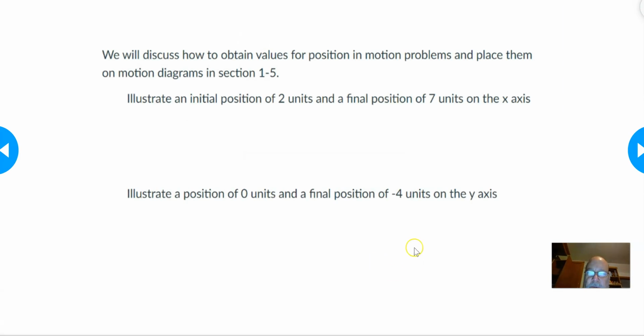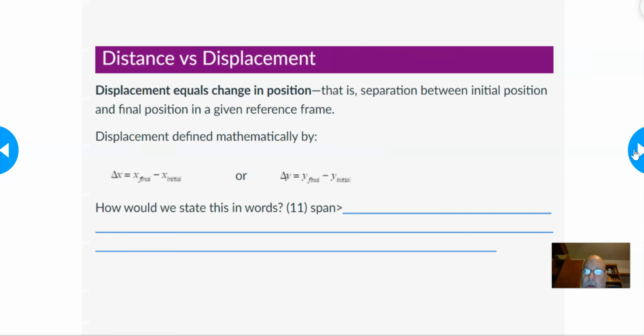So we'll go back to the Nearpod here, and we're going to talk about a couple of concepts as far as change of position goes.